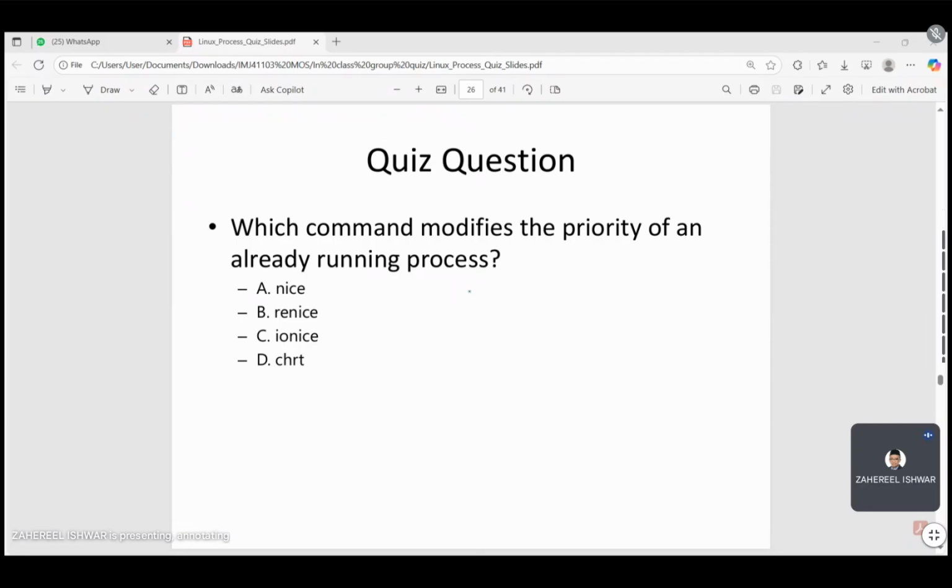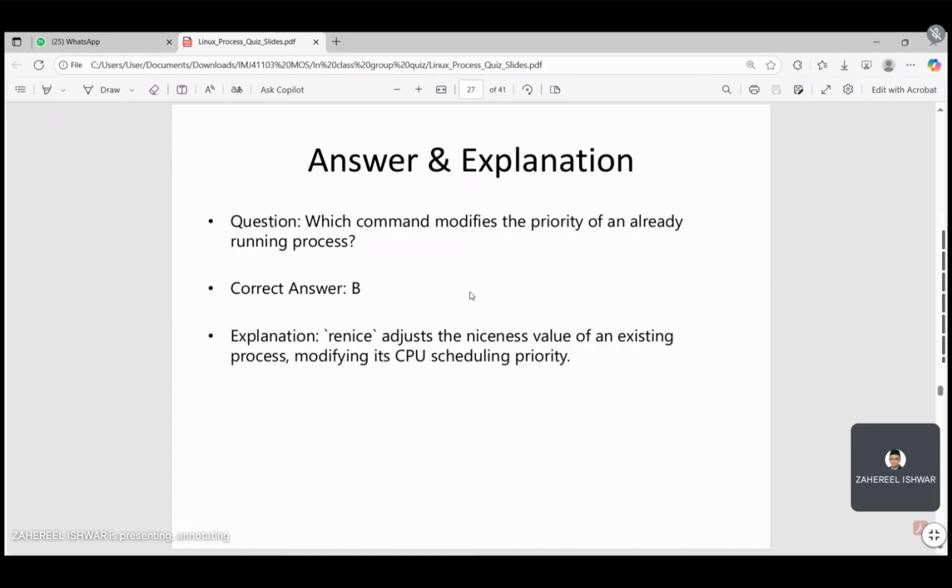The IT group gets 2 marks. And what about chrt? What is that command for? Try it on a Linux machine. In fact, you can open the manual, man chrt. It tells you what chrt is for.